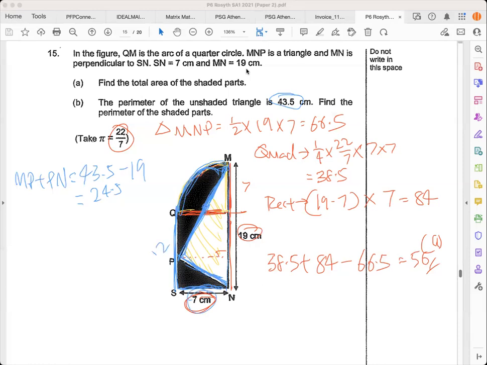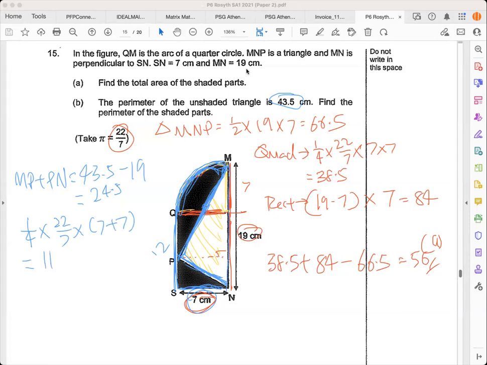Now what I'm lacking is this arc here. This arc is a quarter of the circumference of a circle. So it's 1/4 times pi times diameter. The diameter will be 7 plus 7, 2 radius. Use a calculator, we get 11.